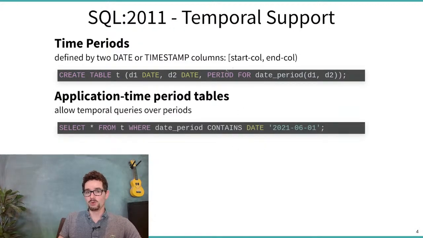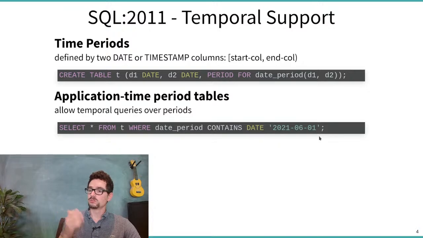But now with this new concept of periods, new operators were introduced in the SQL standard based on Allen's operators. For example, date period CONTAINS and then a date. True or false? It finds those rows where the interval contains this date.